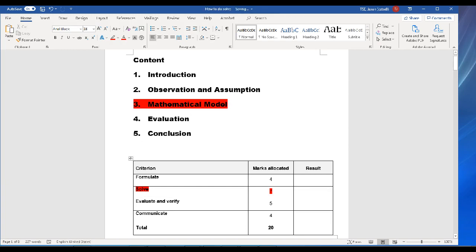Okay, so you can see this part is quite important because it accounts for most of the mark in your assignment. So it will take you most of the time to do it.